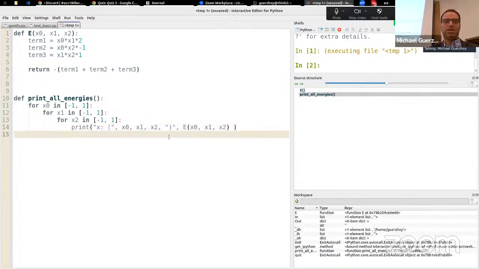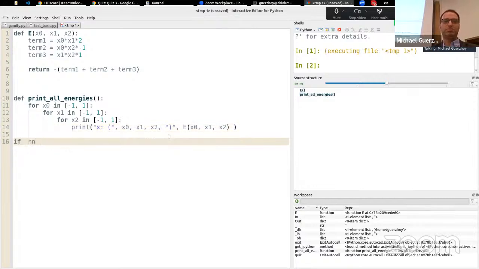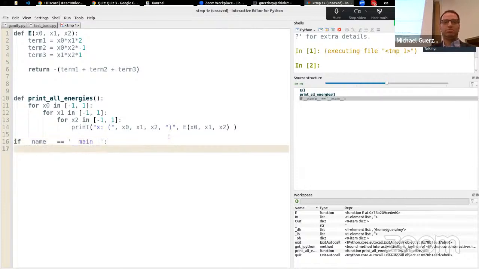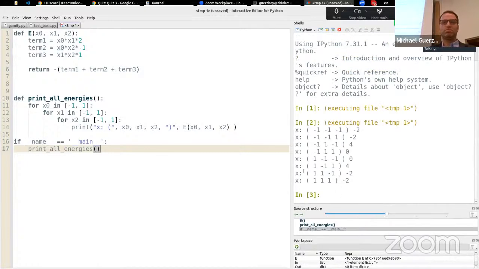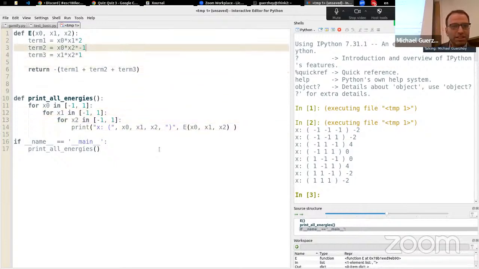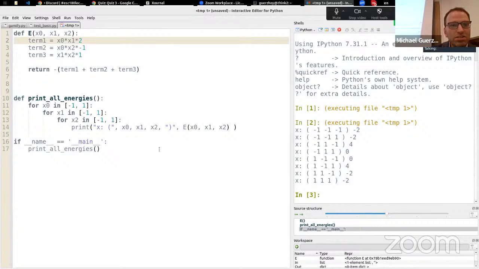It didn't print anything because I didn't call print all energies. So this is how it goes. One, 1, 1 is -2. What? So I'll print the energy as well.